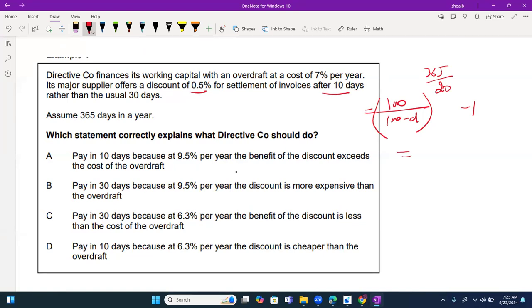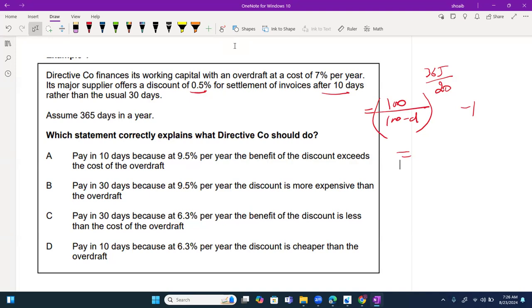So it is approximately equal to, raised to power, 9.58.